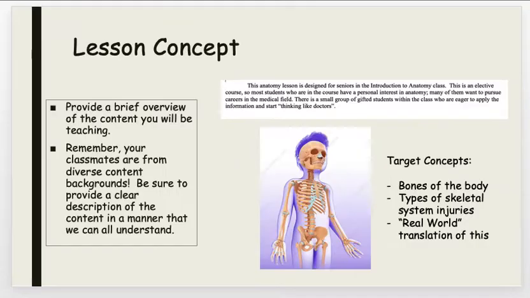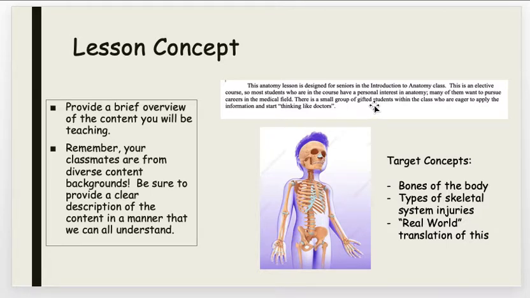So the skeletal system, they first described, here's my lesson concept. So I've created in these boxes right here what's required for the different components, and then I was illustrating what this student did. So they described, here's a brief overview of my content. It's an anatomy lesson, students in my intro to anatomy class.